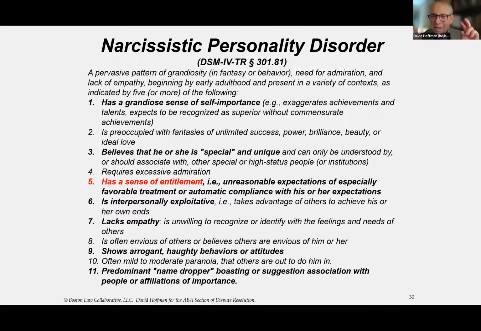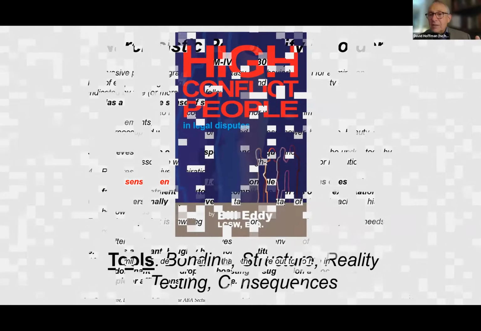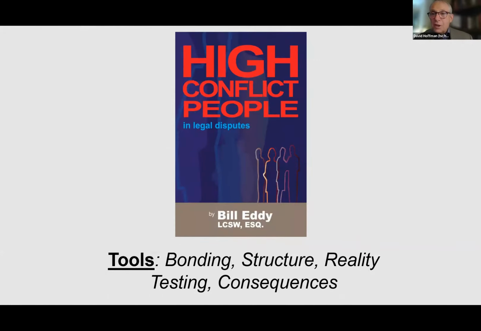I don't think of it in that way anymore, but I did at the time, and I thought it was quite helpful. And in fact, I came upon a psychotherapist who's also a lawyer and mediator, Bill Eddy, who's written a wonderful set of books about what he calls high conflict people, who are basically people who have characterological disorders.